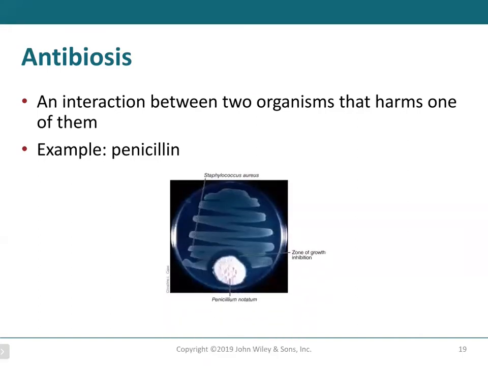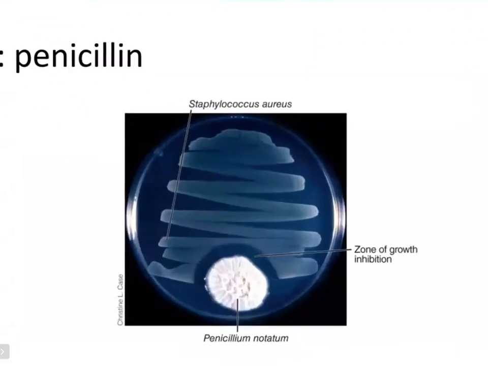So here is an example of your culture of Staphylococcus aureus, shown as a smudge, and then this is your Penicillium notatum. That's the organism where penicillin was first discovered.